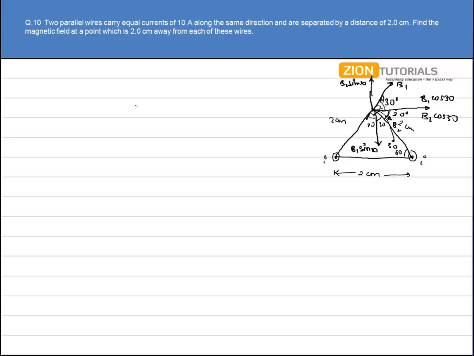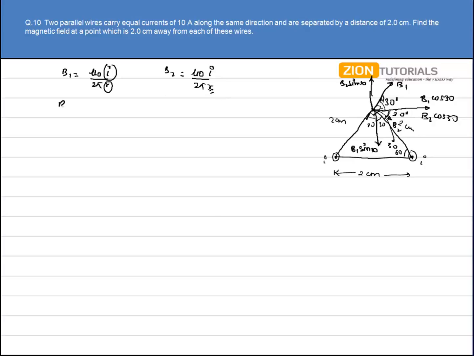Now B1 will be given by mu naught I by 2 pi r. The current in the wire is 10 ampere, r is 2 centimeter. Similarly B2 is mu naught I by 2 pi r, because it is also carrying the same current I and the distance is 2 centimeter, r.